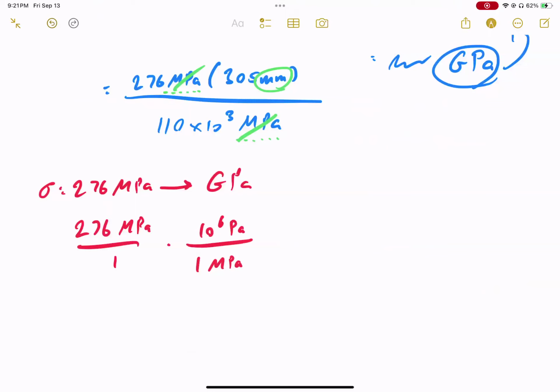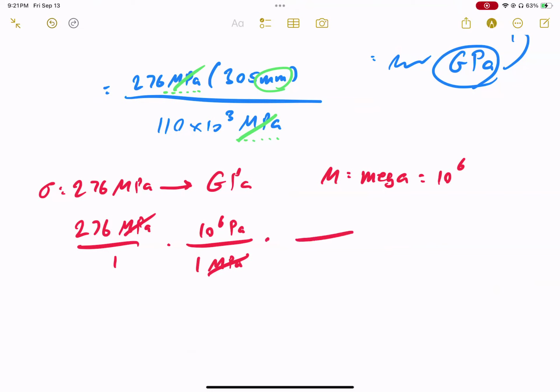Customarily, M represents mega, which represents a power of 10 to the 6. So then the megapascals cancel out, and I'm left with pascals. However, I want my answer in gigapascals.